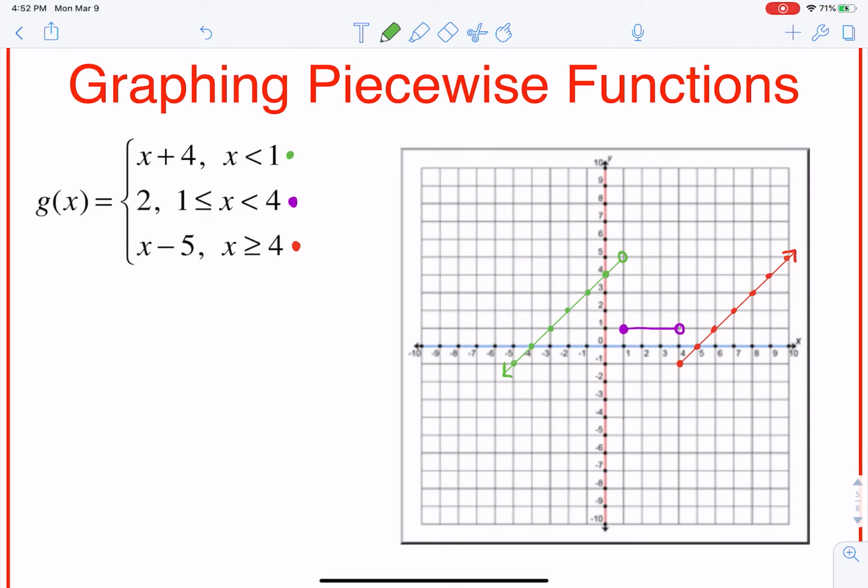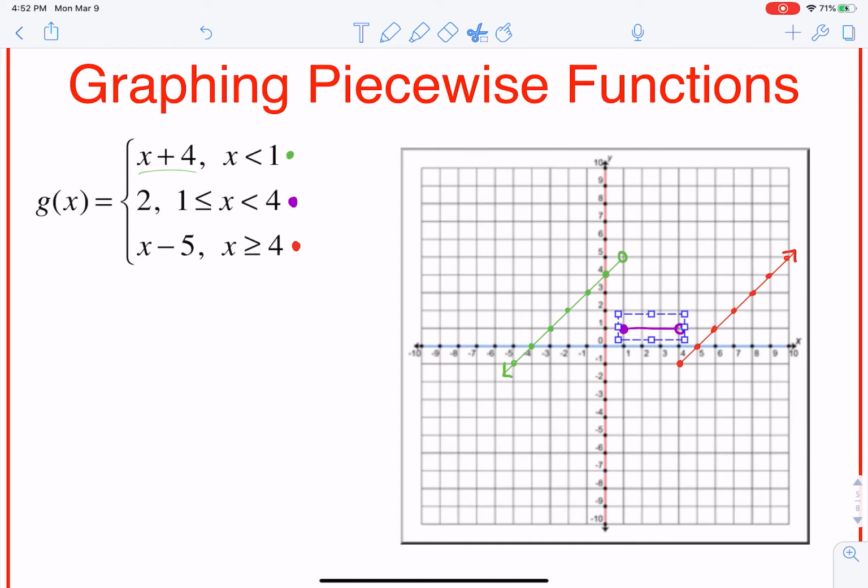So if I look at this graph, for all of my x values that are smaller than 1, I act as if I am -x plus 4. For all of my x values that are equal to 1 but smaller than 4, I act as if I'm just equal to, oh, you know what? It looks like I made a mistake there.